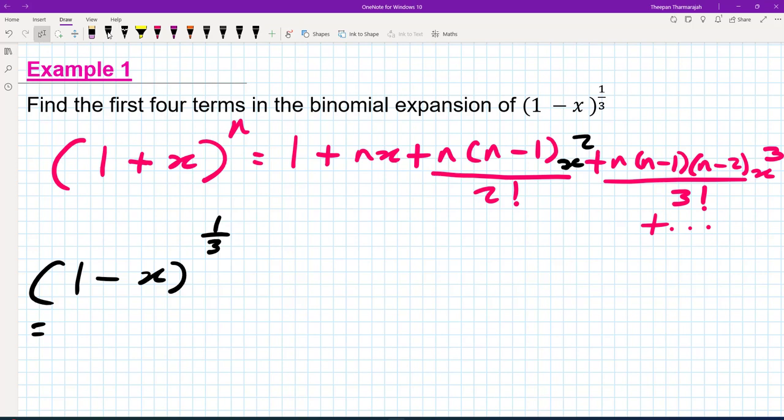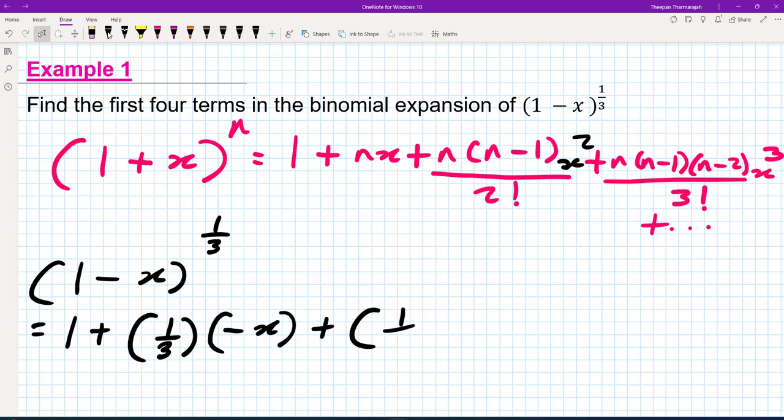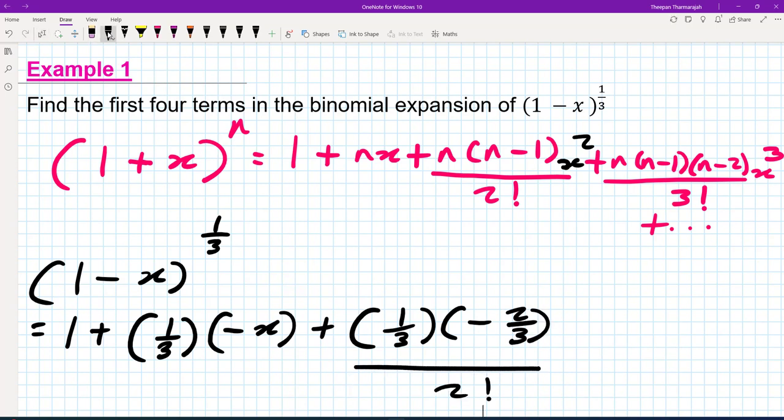So we're going to write it as 1 plus n, which is a third, times, now be very careful here, you can't write x, you have to write minus x. Plus a third minus 1, which is minus 2/3, divided by 2 factorial, and then we've got minus x all squared, and we're going to go up to the x cubed term.